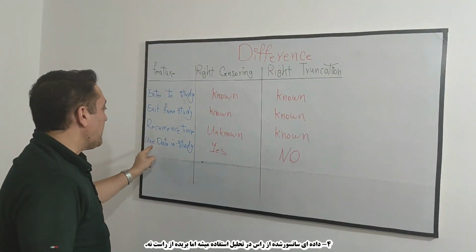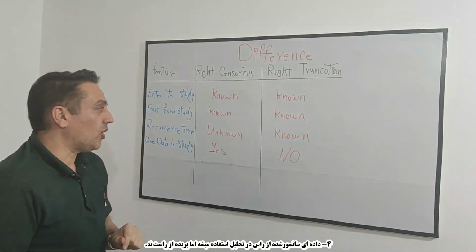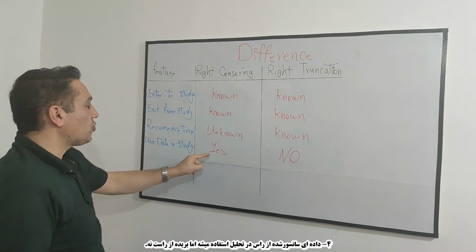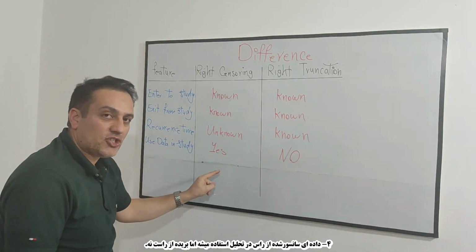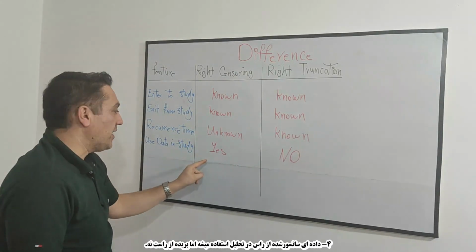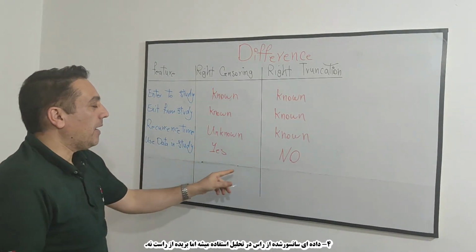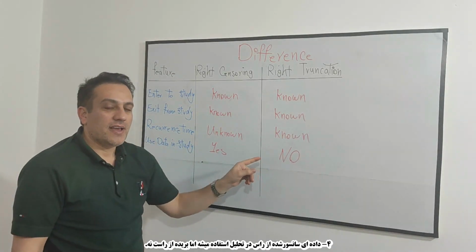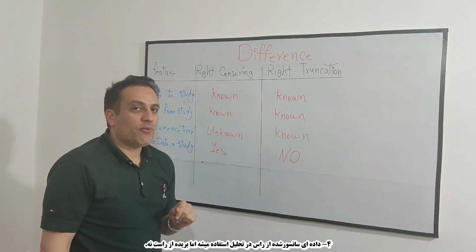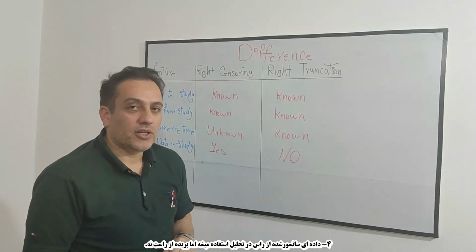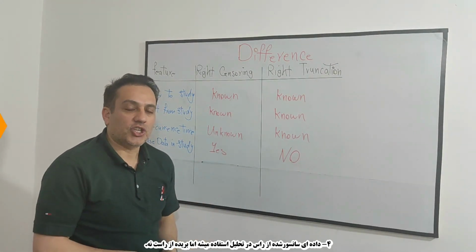But finally, use of data in the study. For right censoring, we use information of the patient in analyzed data and in the study, but for right truncation, we exclude information of the patient.